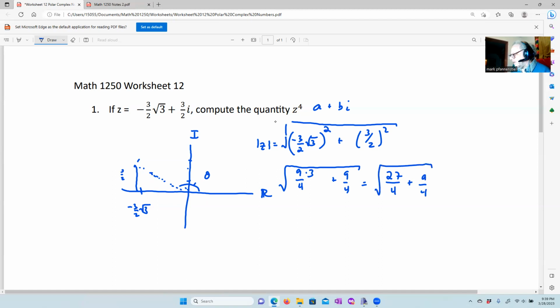Okay, 27 plus 9 is 36, so that's going to be the square root of 36 over 4. That's a square root we could figure out. The square root of 36 is 6. The square root of 4 is going to be 2. 6 over 2, we've taken the square root, so I don't need to write that anymore. So that's just going to be 3.